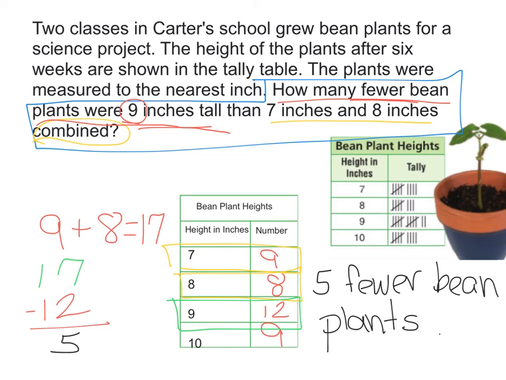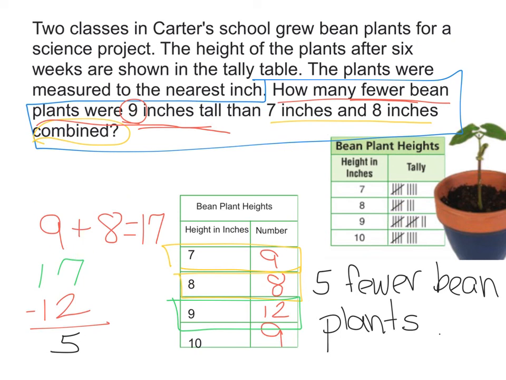So let's review what we did. What strategy did we use to solve this problem? Well, first, we made a frequency table to organize the data. Then we used the numbers to add the number of 7 and 8-inch plants together.